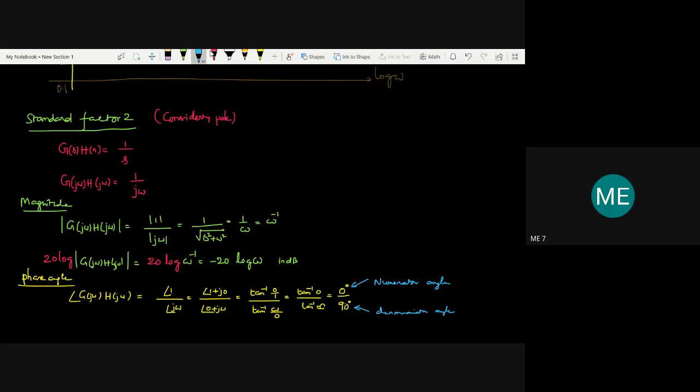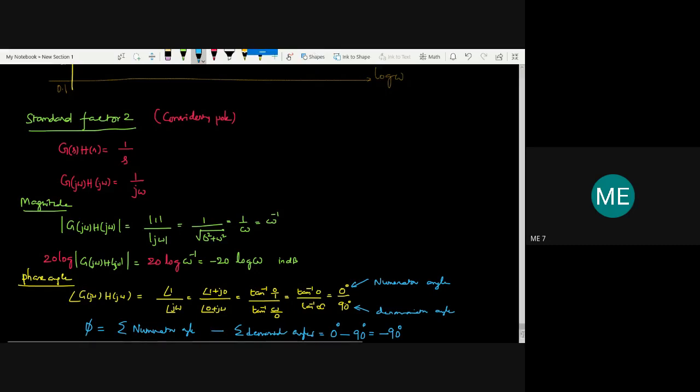In general, the phase angle is calculated as the summation of numerator angles minus the summation of denominator angles. So based on this, we can write 0 degrees minus 90 degrees. The resultant is going to be minus 90 degrees.